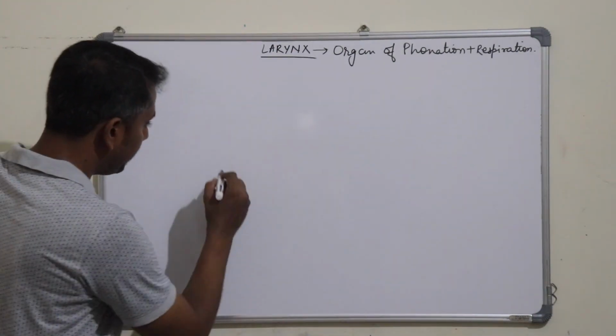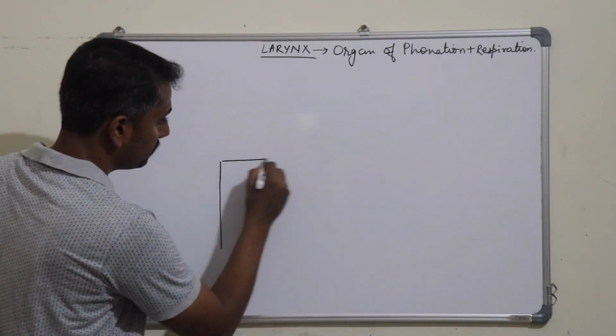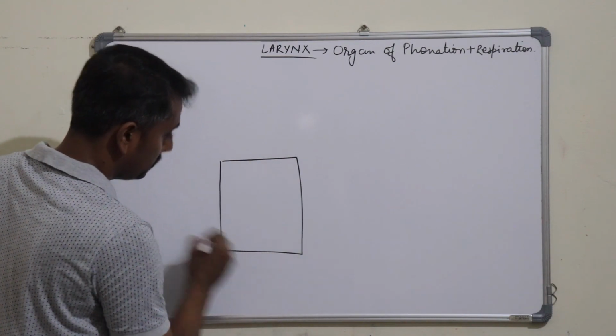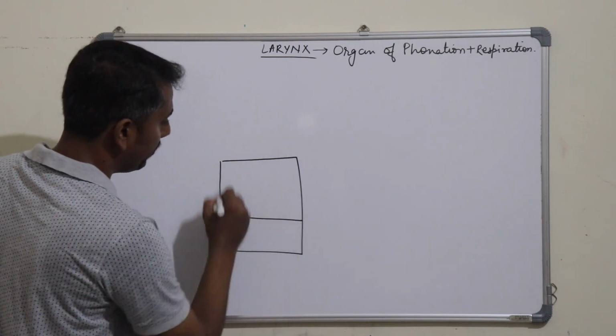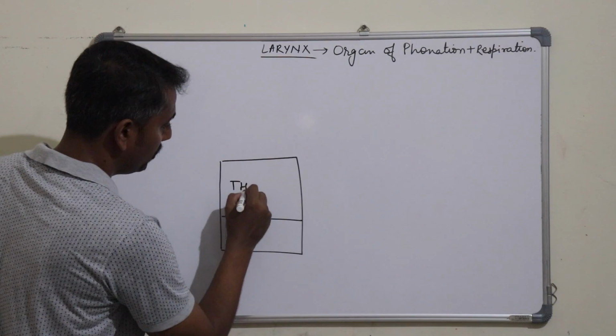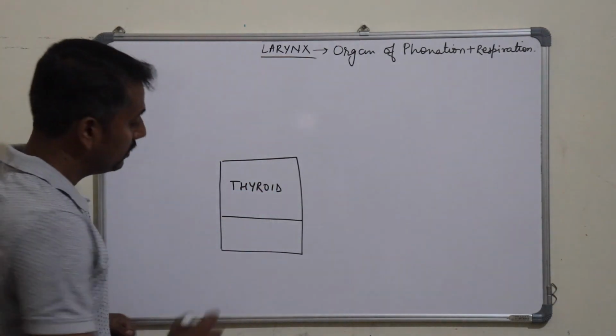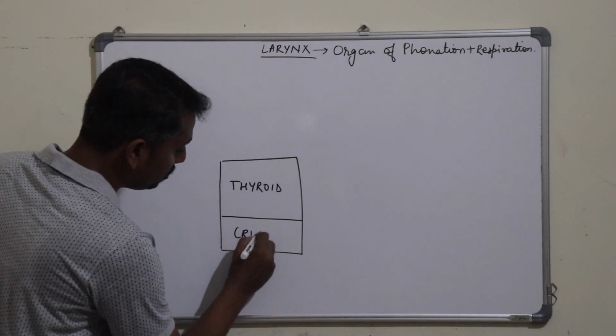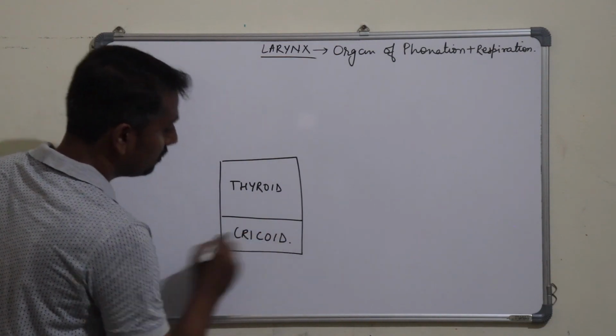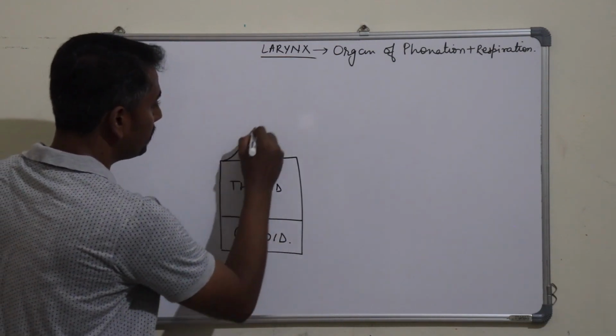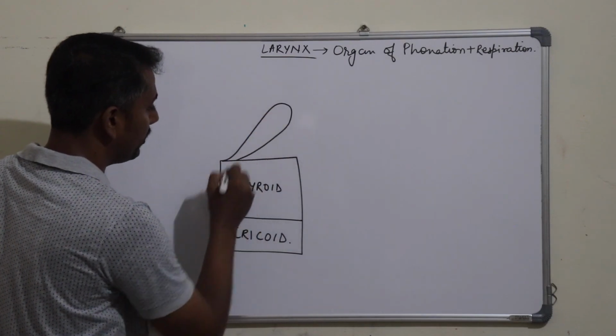If we draw a schematic diagram of larynx, this is the thyroid cartilage which forms the larynx, which you will see later on. This is the cricoid cartilage. This is the epiglottis extending above the thyroid cartilage.